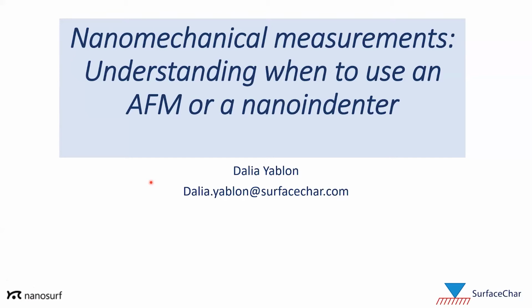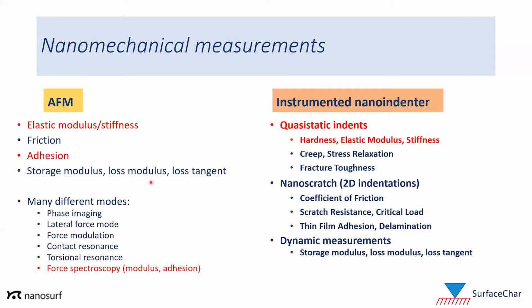Before I dive into this topic of which instrument to use, I would like to just briefly review the kind of nanomechanical measurements that each instrument can do. So AFM can measure a wide variety of mechanical properties. The ones that we're going to focus on today are the modulus or stiffness and adhesion, but it can also measure properties like friction and also dynamic measurements like storage modulus, loss modulus, and loss tangent.